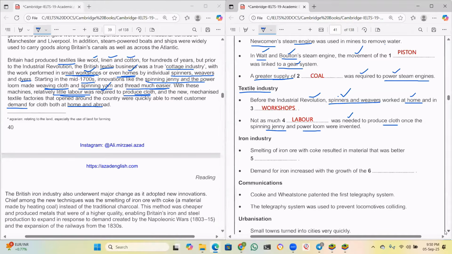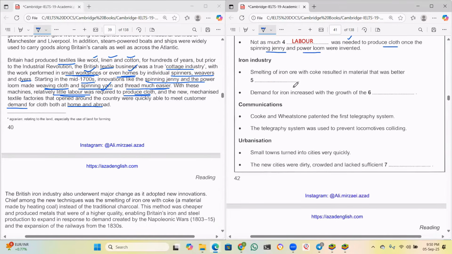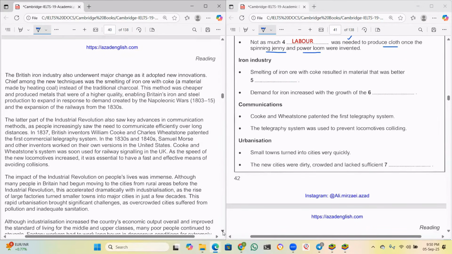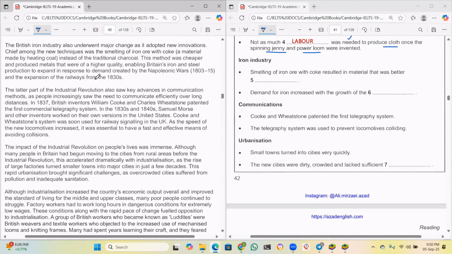Next. So, the iron industry. He's talking about the iron industry now. So yeah, let's move to the next set of questions. The British iron industry also underwent major change as it adopted new innovations. Chief among the new techniques was smelting of iron ore with coke, a material made with heating coal instead of the traditional charcoal.